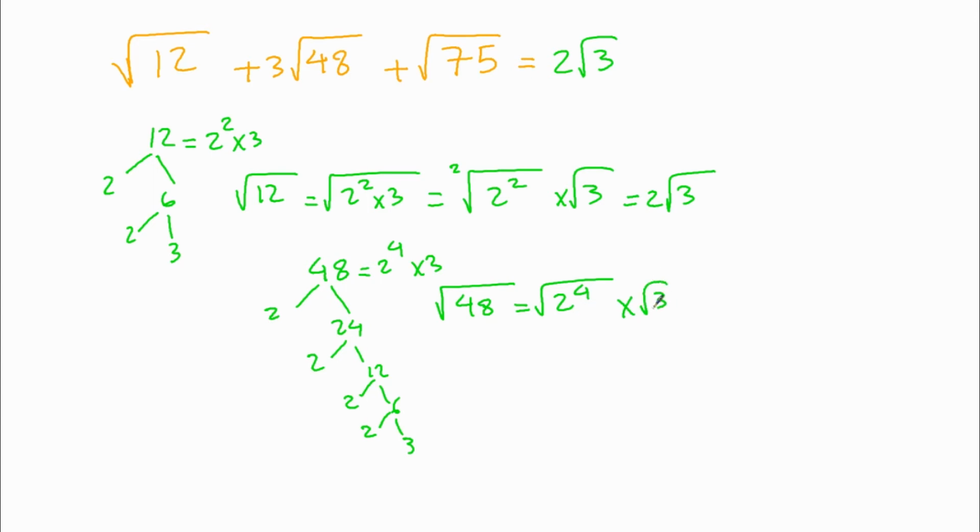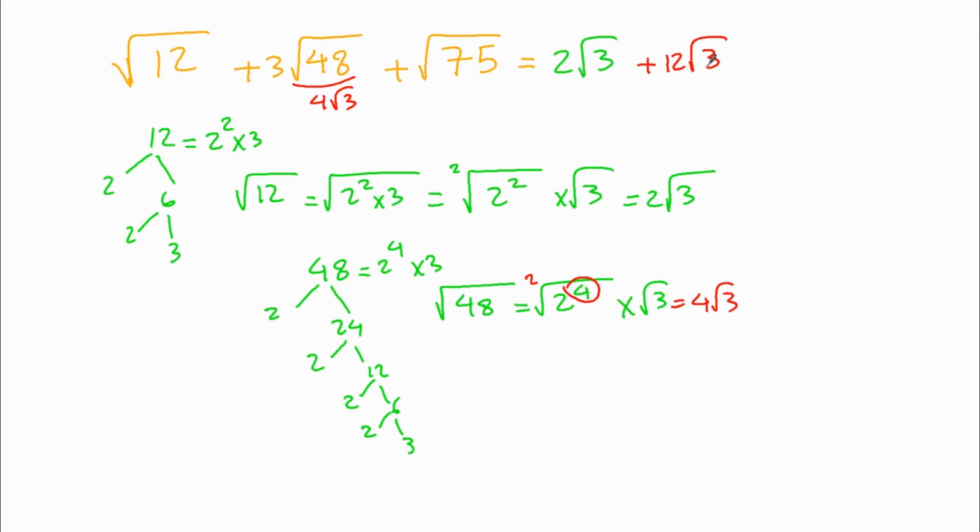The reason I separated it like this is that I am looking for an even power that can simplify with the square root and give me a whole number. So 2 to the power of 4 is 16, and the square root of 16 is 4. So this would be 4 square root of 3. But we also have a 3 times that, so 3 times that would be plus 12 square root of 3.